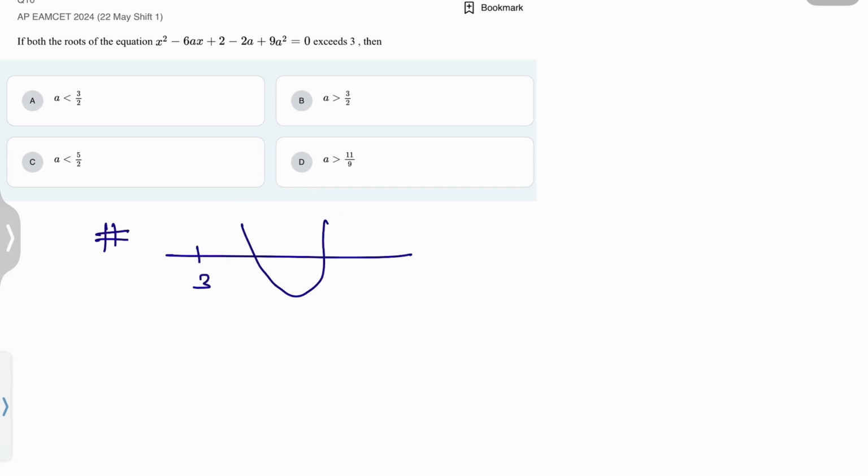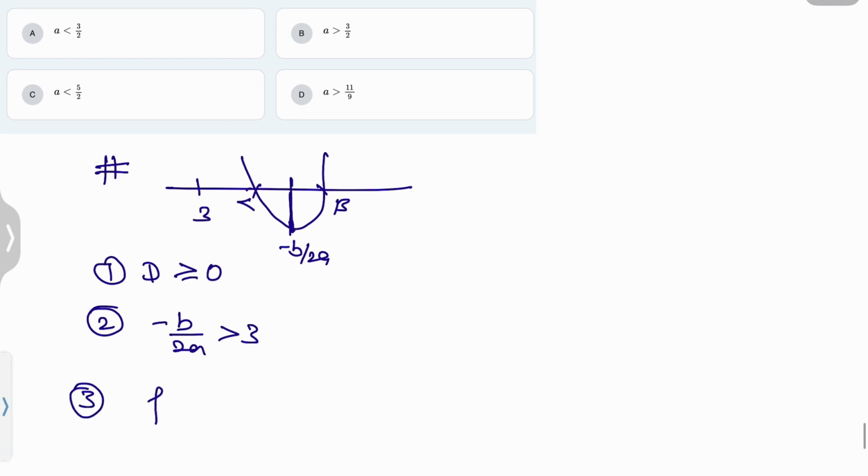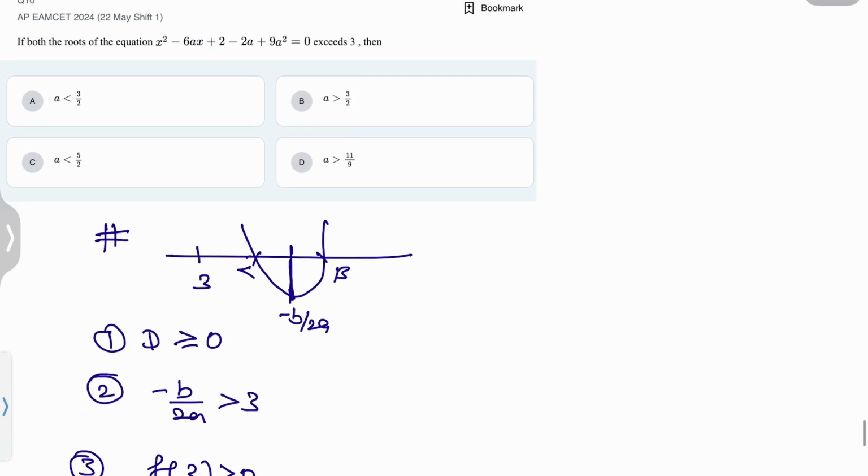The conditions are: firstly check D. First, D greater than or equal to 0 must be possible, because if D is not possible, how can the roots exist? Second, minus b by 2a is always greater than 3, because 3 is there and minus b by 2a is there. Third, f of 3 is also greater than 0. So these three conditions, their intersection region, is the exceed condition.